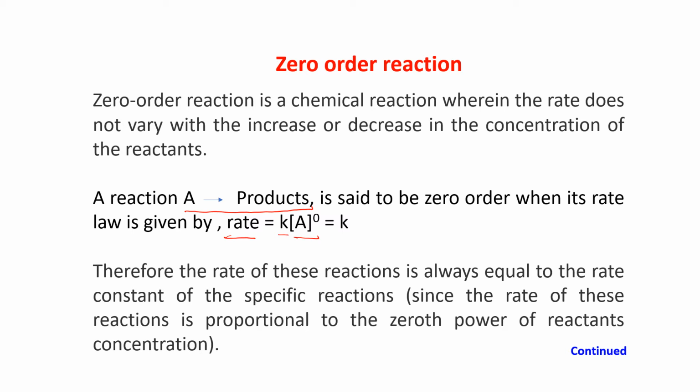Since the rate of this reaction is proportional to the 0th power of the reactant's concentration, it is not depending upon the concentration of the reactant, whether you are decreasing or increasing. It is the 0th power of the reactant's concentration. Then it is known as a zero order reaction.